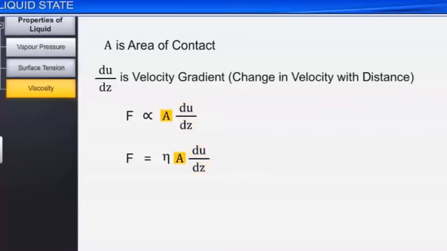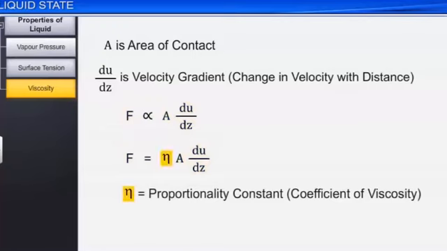In the equation shown, eta is the proportionality constant and is called the coefficient of viscosity. The coefficient of viscosity is defined as the tangential force per unit area required to maintain the unit difference of velocity between two layers unit distance apart.